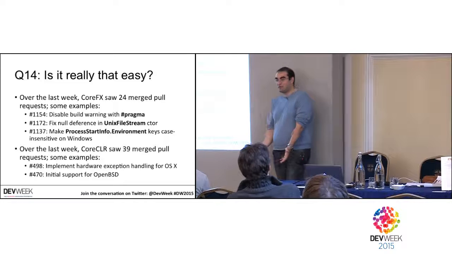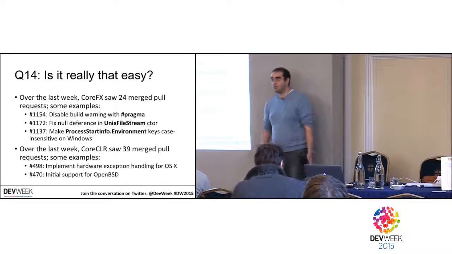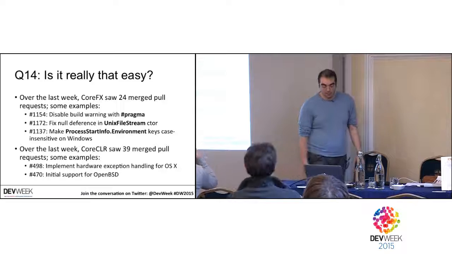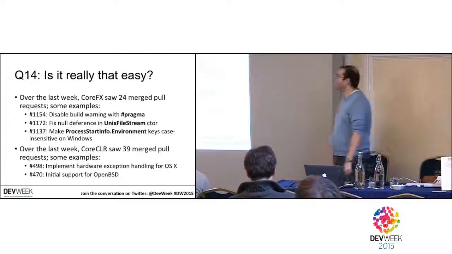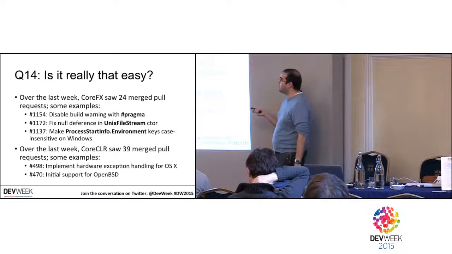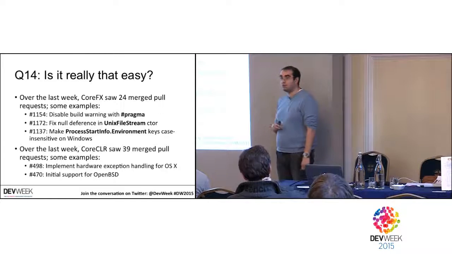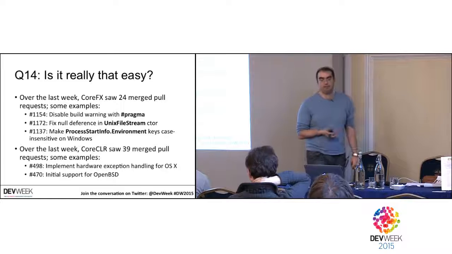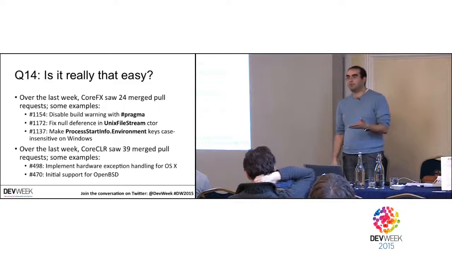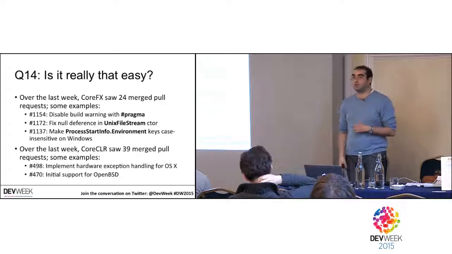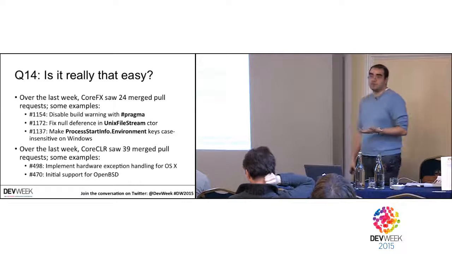But I mean, it helps someone out there. It obviously helps improve the quality of the product, and that's an incredible thing that we can actually contribute this kind of fixes. Another thing, make environment keys in the process start info class case insensitive on Windows, which should be the case because environment variables are case sensitive on Windows everywhere else. So this is a real bug, and someone fixed that bug.